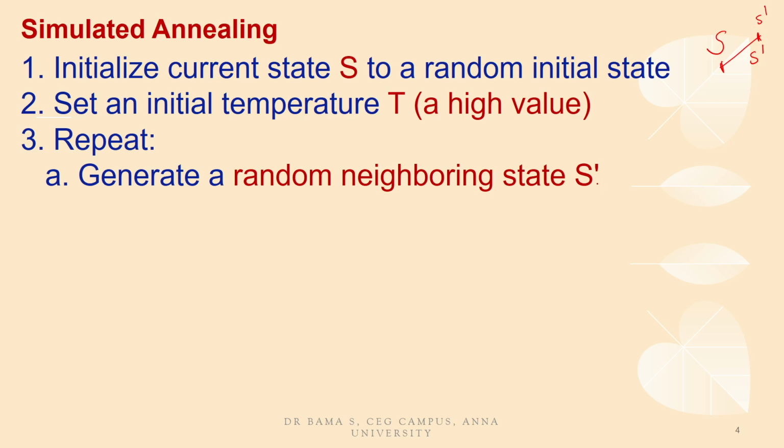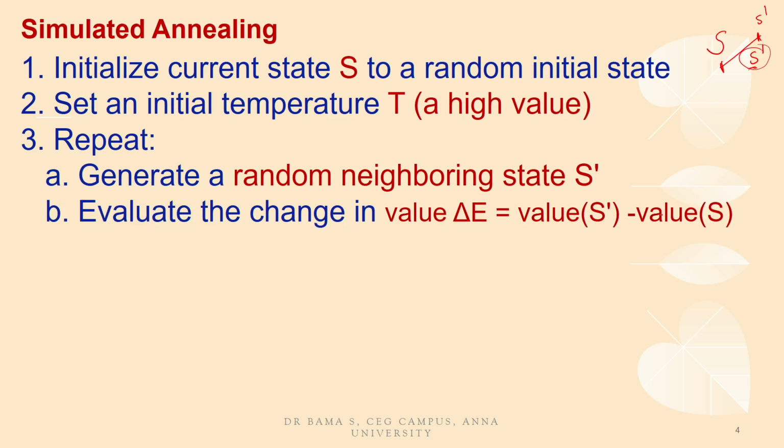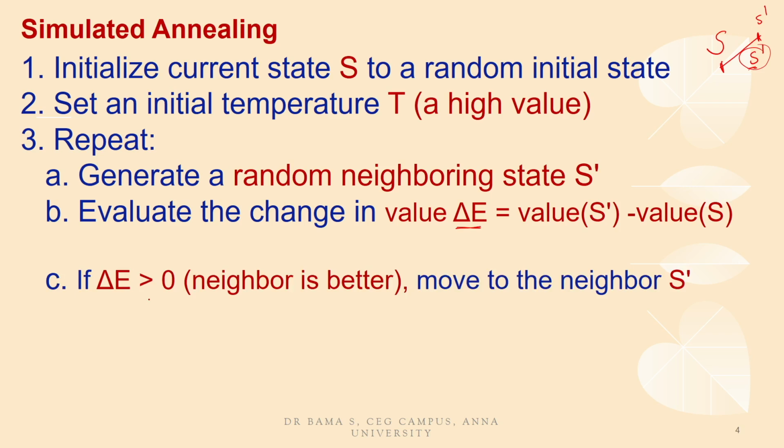Generate a random state S dash, similar to this. Compute S dash and compare S dash minus S, that difference is delta E. If delta E is greater than 0, then we will make S dash the current state.